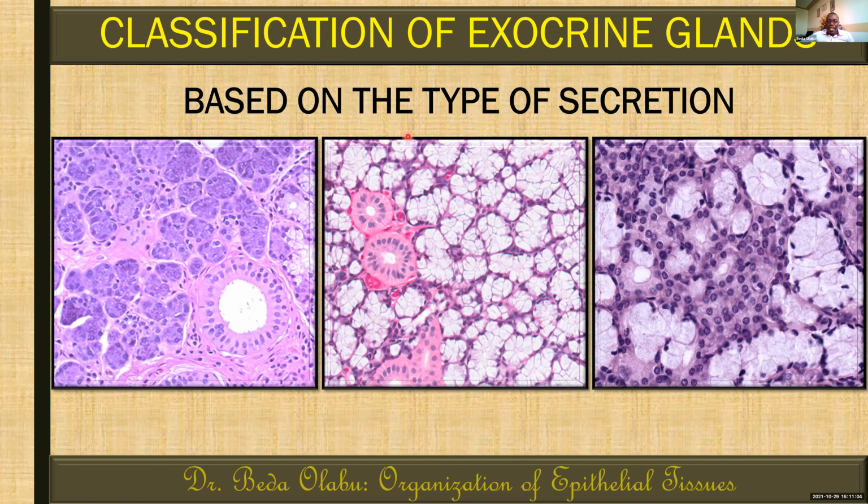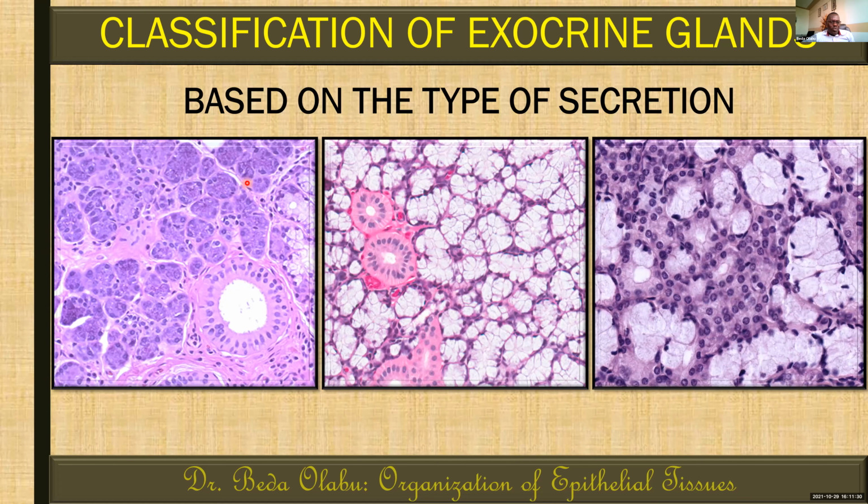When you have an acinar gland, you want to look at how the acinar cells are staining. So in this first one, let's take this to be the acini. We agree that in the acini, the lumen is very tiny, so we are hardly seeing the lumen, but these are secretory acini.